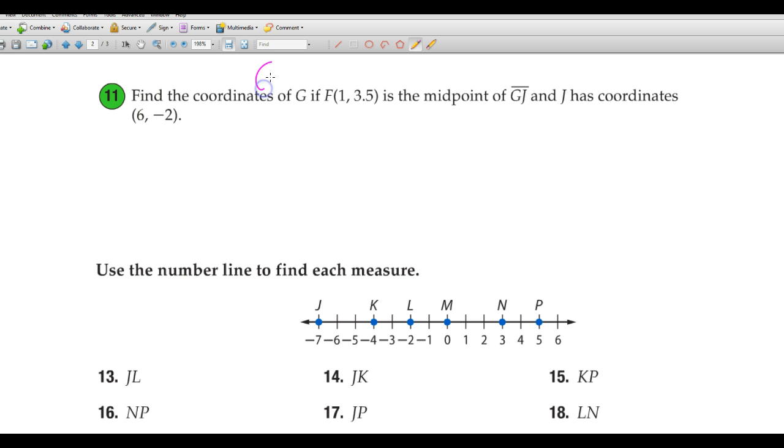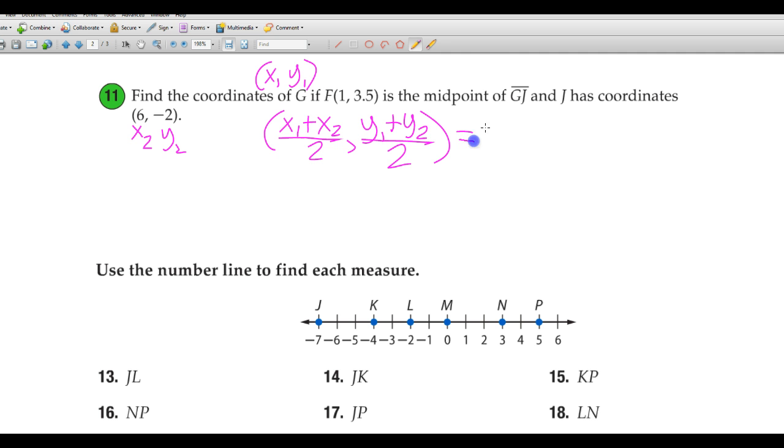So if we call G our x1, y1, and J our x2, y2, then that means that our midpoint, F, will be x1 plus x2 divided by 2, same with the y's, and we get this equation.